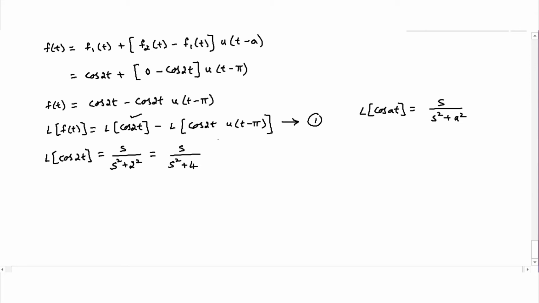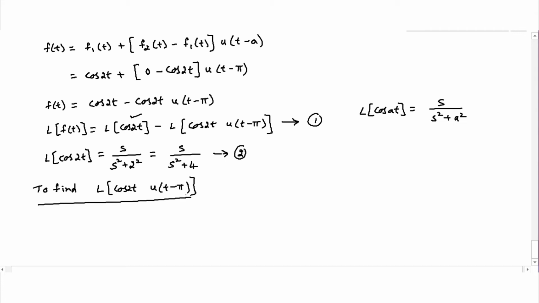Similarly, I will try to find out the Laplace transform of the second term. So we will take this as equation number 2. So now we will try to find out the Laplace transform of cos 2t into u of t minus pi.